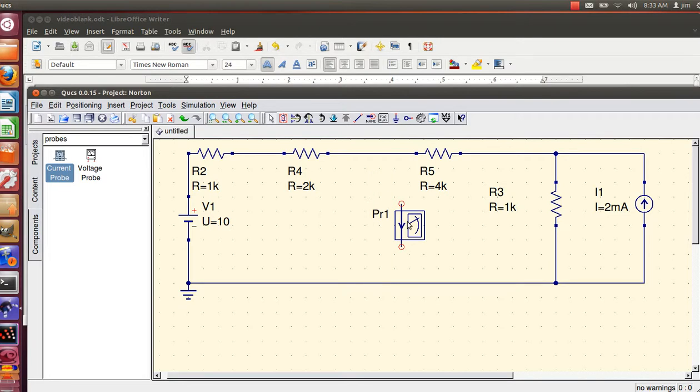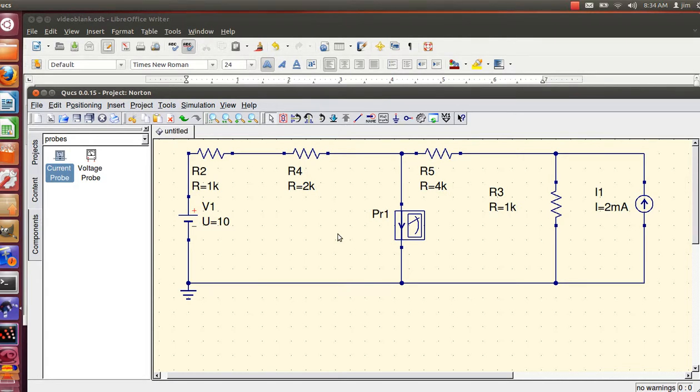Delete that line, and then what we want to do is just put a current probe in there. It's not pretty, but it works. I need to know what the current in that ammeter is going to read, basically, is what I'm after. That's what I have to calculate.